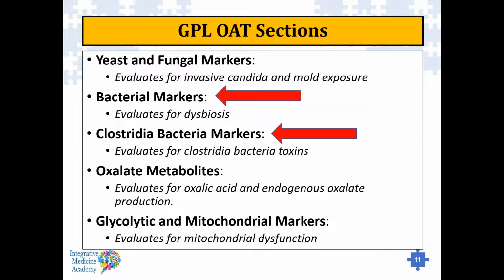So what I'm going to do in this talk is we're going to go a little bit deeper into this topic, and I'm going to highlight a few things off just a few sections. We'll touch on a couple things in the bacterial markers. I'm going to show you some additional information on Clostridia bacterial markers.